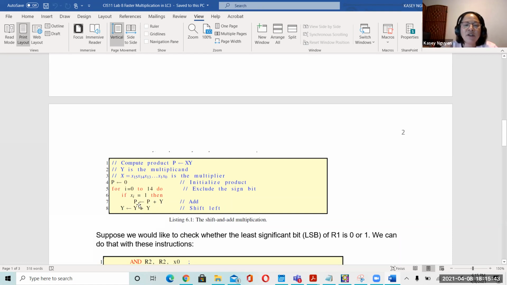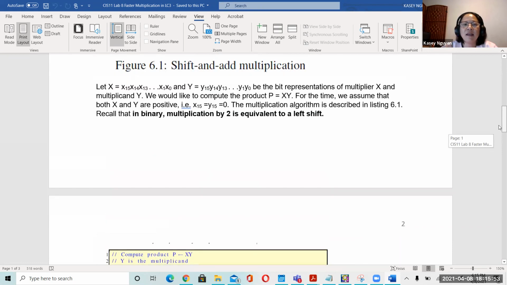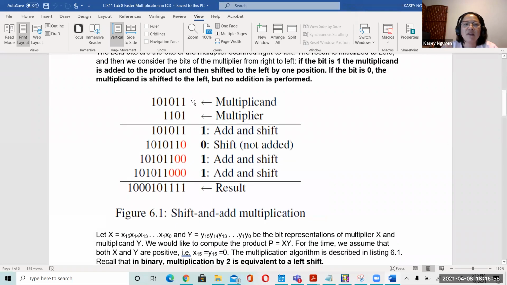Then what we need is product equal to product plus y, because y is the multiplicand. Now, pause there for a second, come back up here. So if the bit is 1, then it's exactly like the multiplicand.